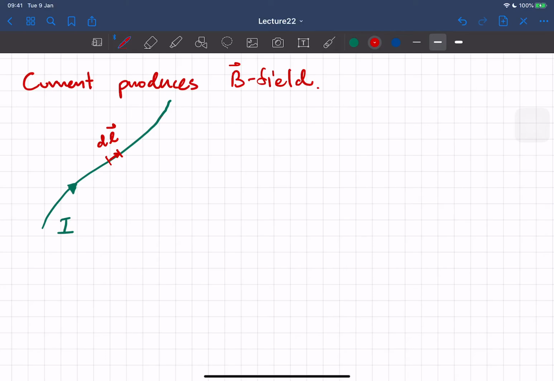Okay, so a different point will have a different direction of dL. But in this particular case, it's pointing that way. And we are interested in a magnetic field at some point away from the wire. And this point will be indicated by a vector r.